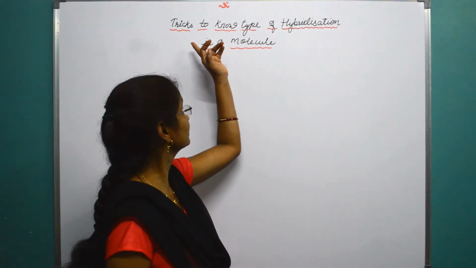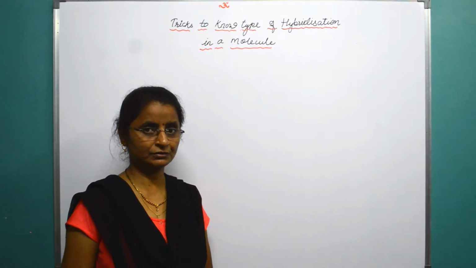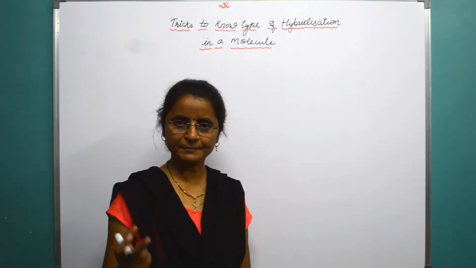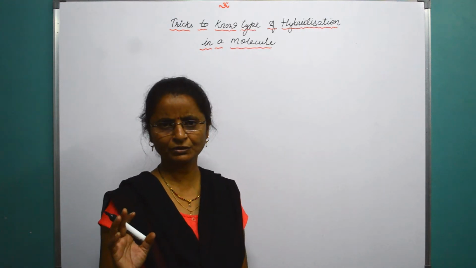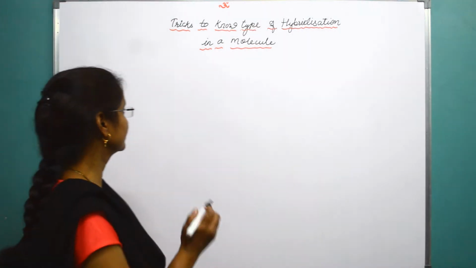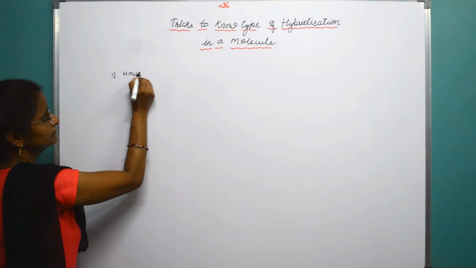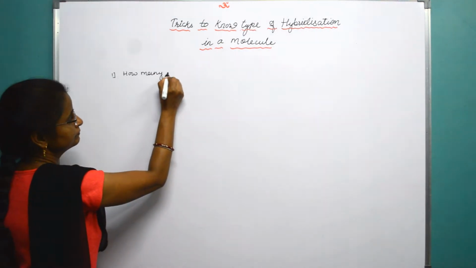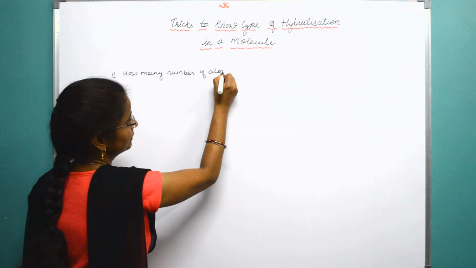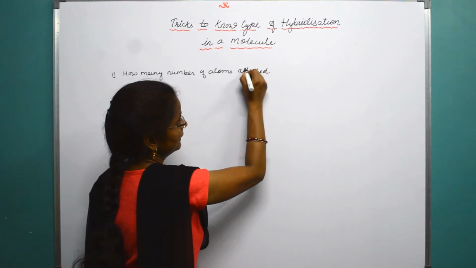Now we discuss tricks to know the type of hybridization in a molecule. If you want to know which type of hybridization is present in a given molecule, you have to know a few points. First, the number of atoms attached.